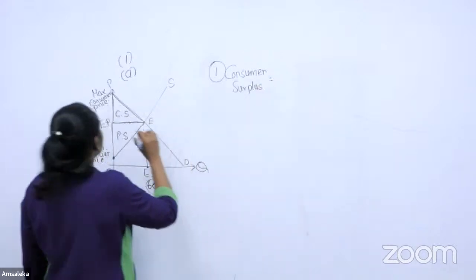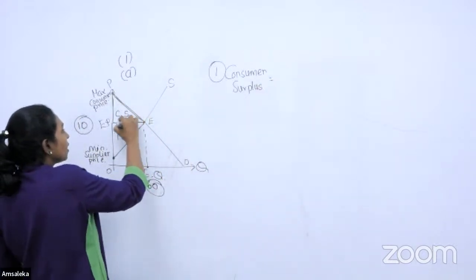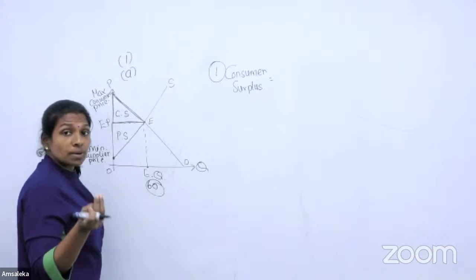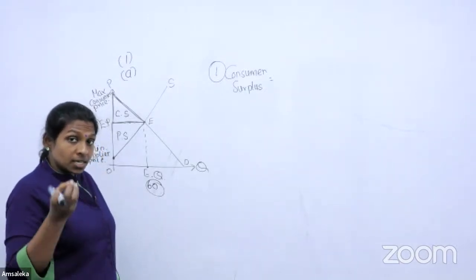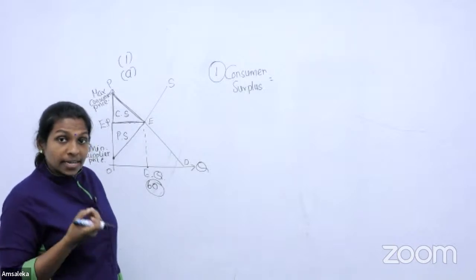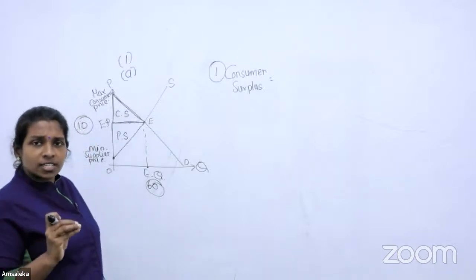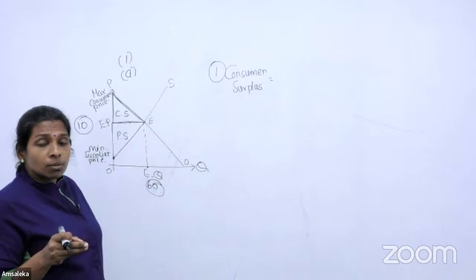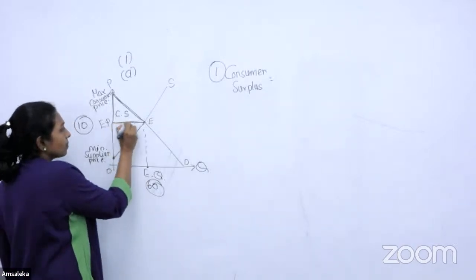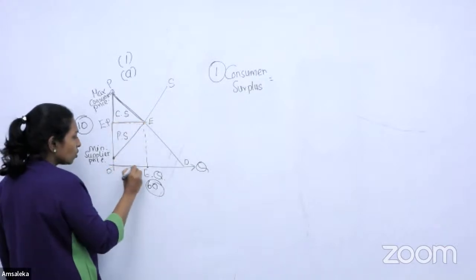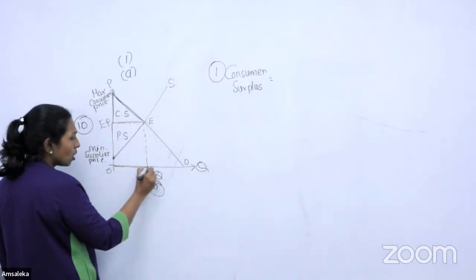So consumer surplus is the area of a triangle, half into base into height. Half means dividing by 2. Half into base. This is the base. This base is equal to the equilibrium quantity.